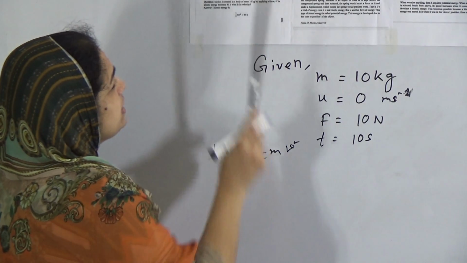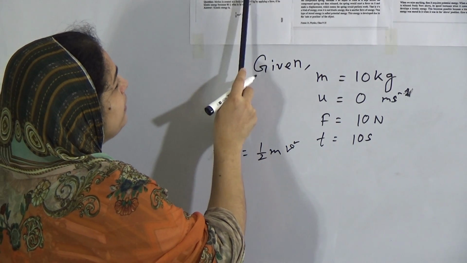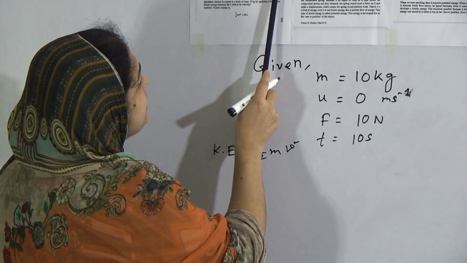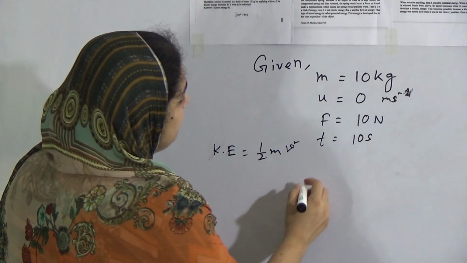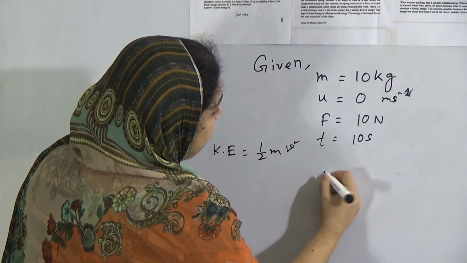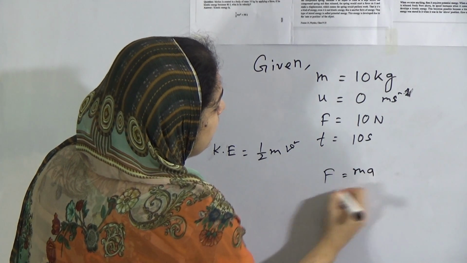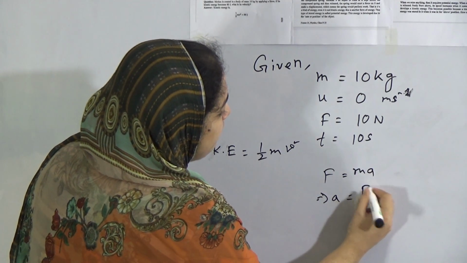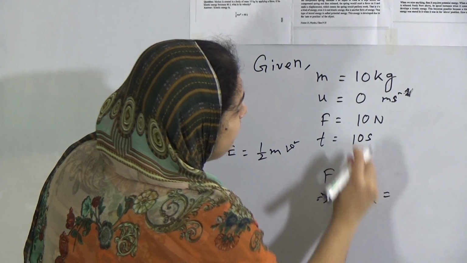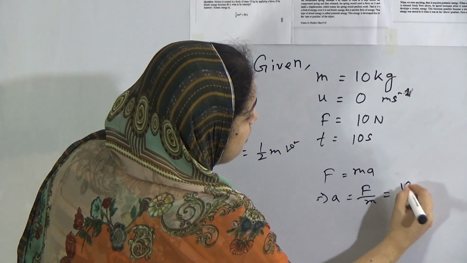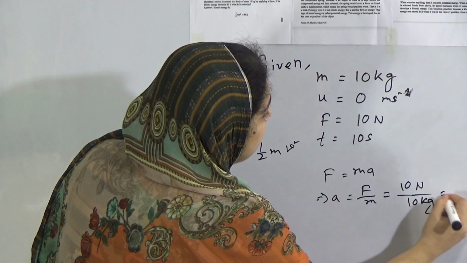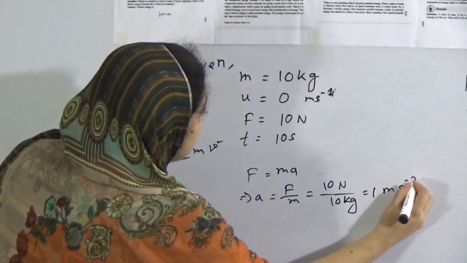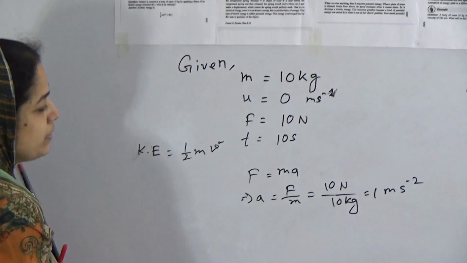Here given 10 Newton force applied on a stationary object of mass 10 kg for 10 seconds. From here we can find the acceleration: F equals ma, then acceleration a equals F divided by m. Given force is 10 Newton and mass is 10 kg, so 1 meter per second square. The acceleration is 1 meter per second square.